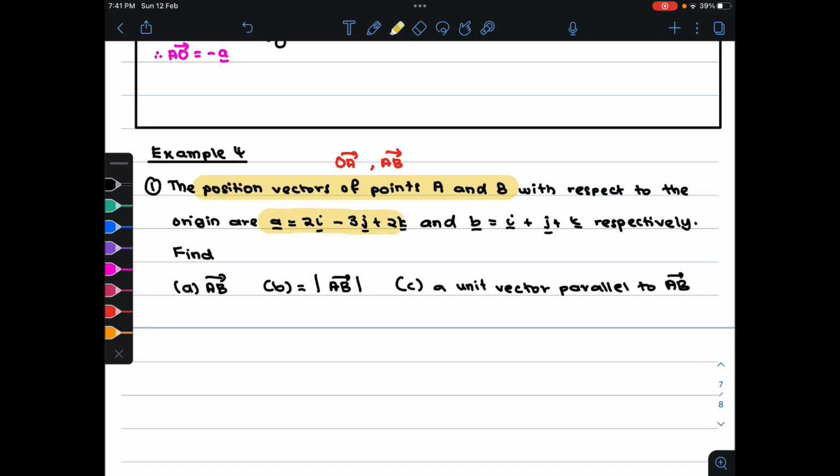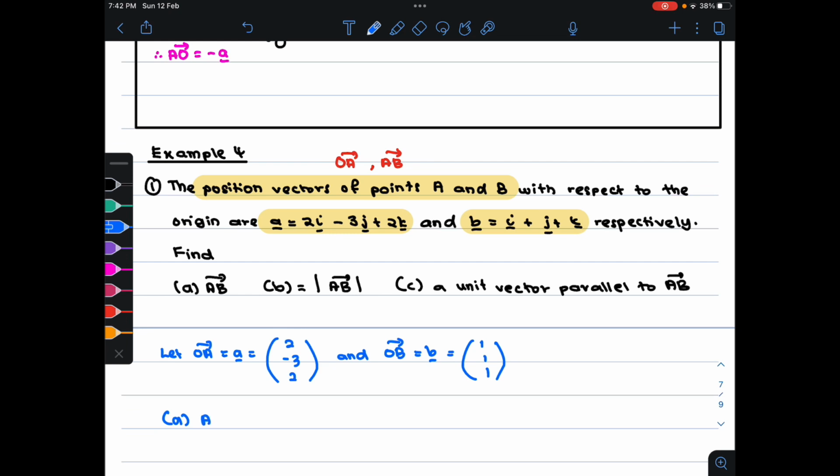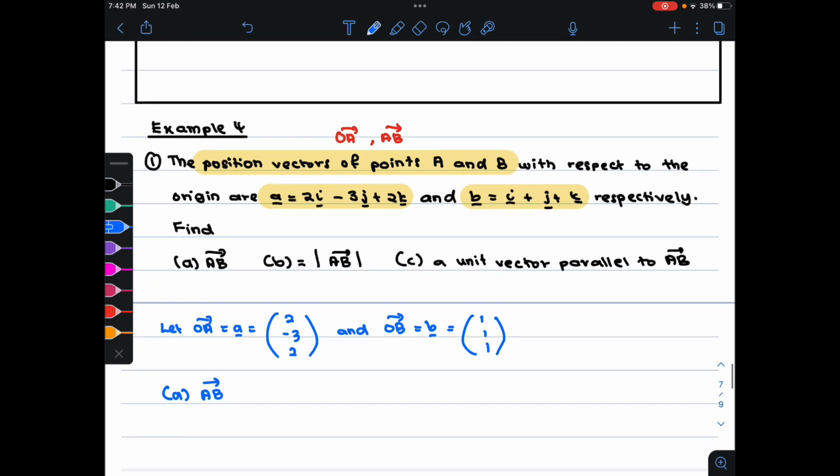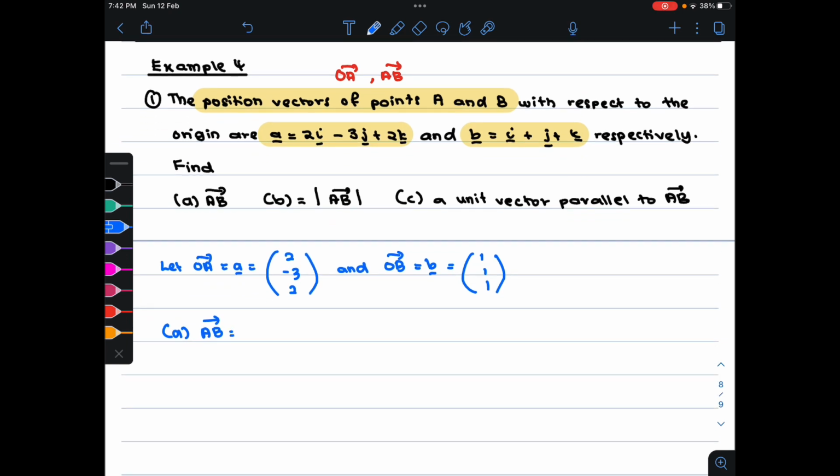So this is vector A and this is vector B. So I'm gonna let vector OA be A and OB be B. So to find resultant vector AB, I'm gonna take the last letter minus the first letter. So OB minus OA, which is vector B minus vector A.